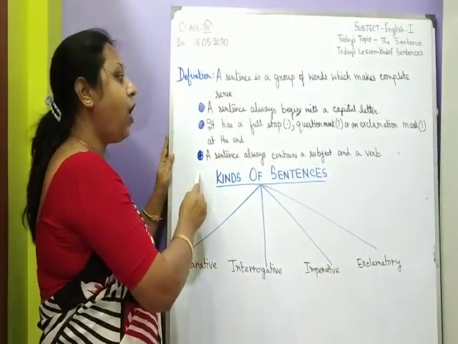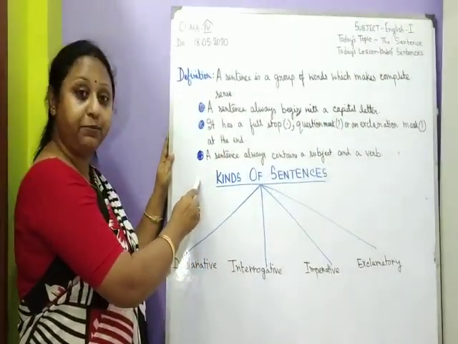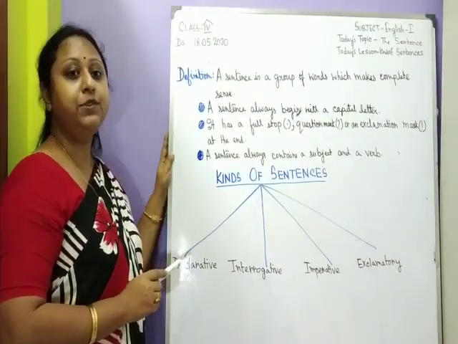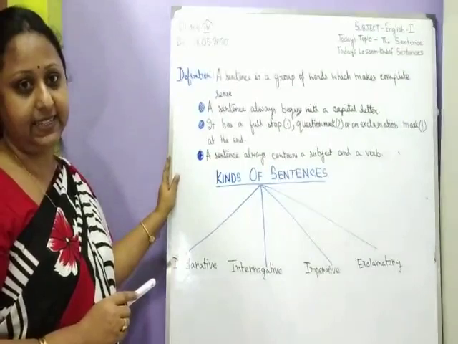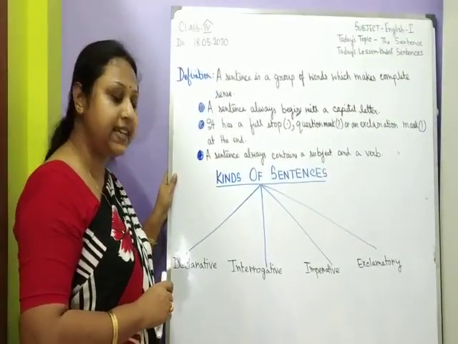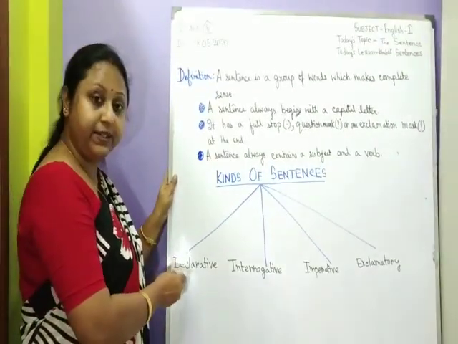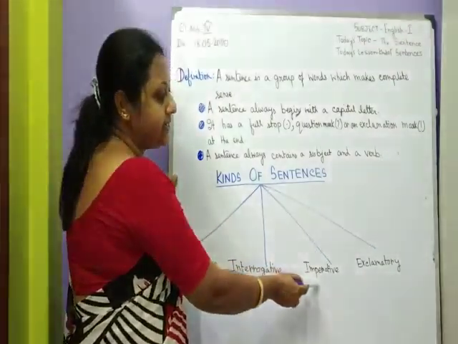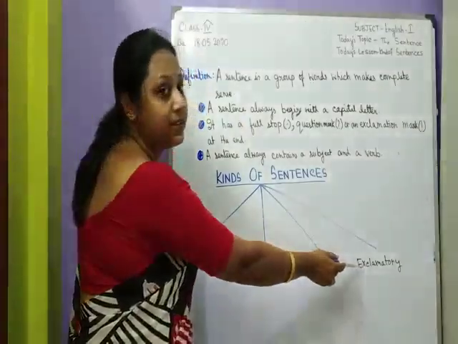A sentence always contains a subject and a verb. Now, let us come to the kinds of sentences. There are 4 kinds of sentences. They are declarative sentences, interrogative sentences, imperative sentences, and exclamatory sentences.